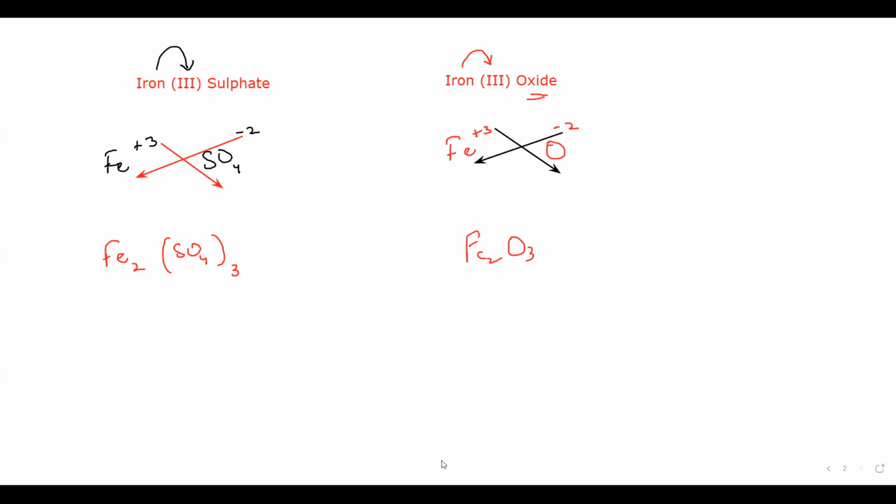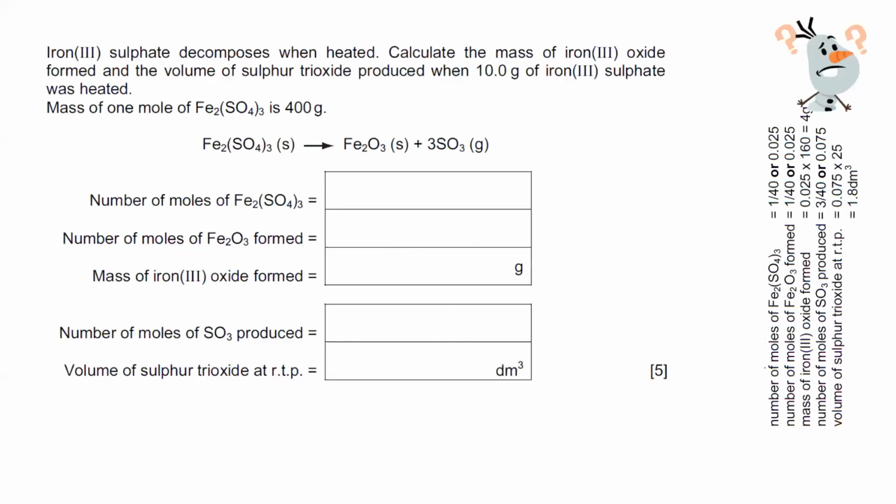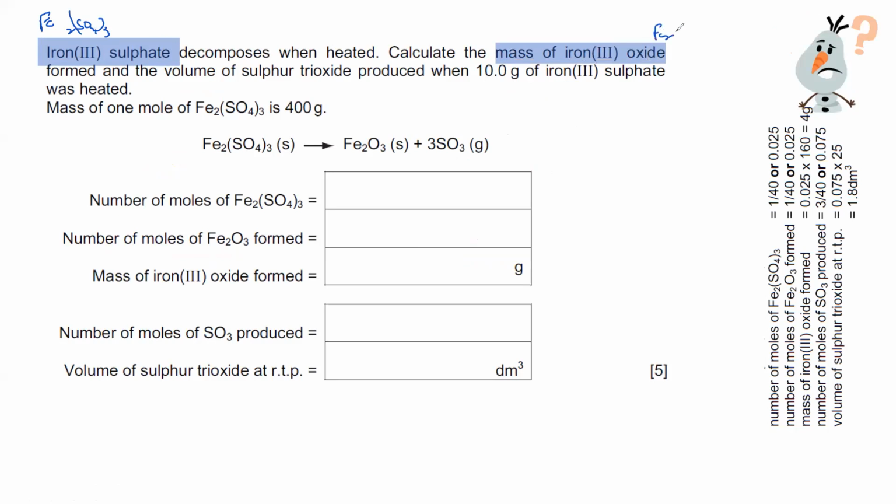Now the question is, iron 3 sulfate decomposes. So what is decompose? Fe2(SO4)3 decomposed. We have to find the mass of iron 3 oxide. The formula for iron 3 oxide will be Fe2O3, and sulfur trioxide, sulfur and 3 oxygen, so the formula of sulfur trioxide is SO3.